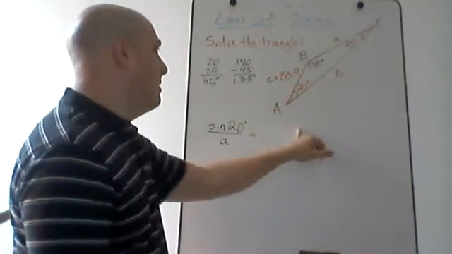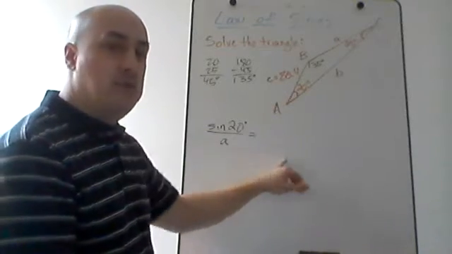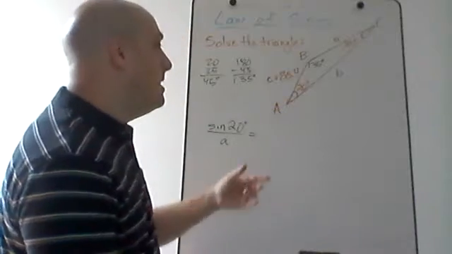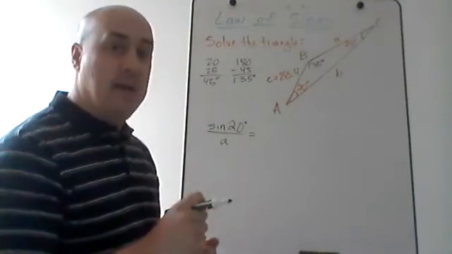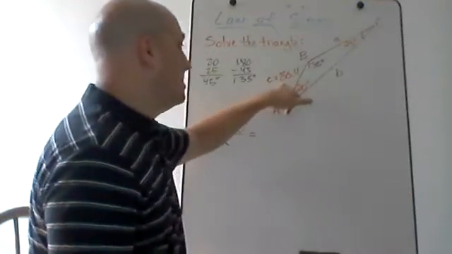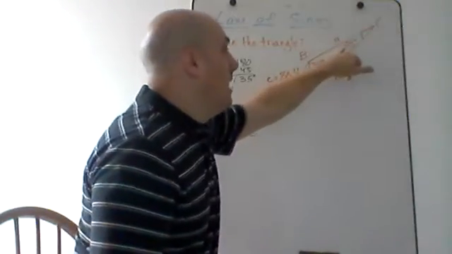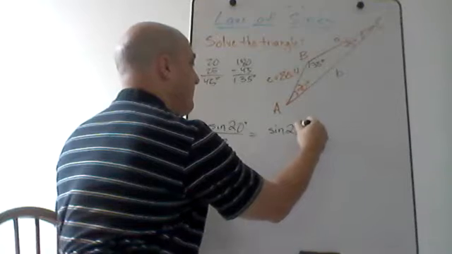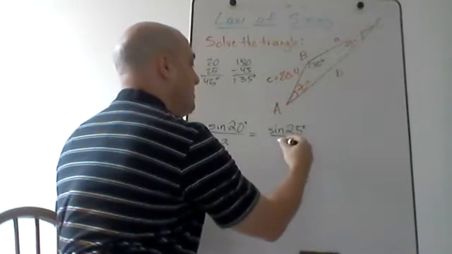I can't do sine of 135 over B, because then I have two unknowns in my equation, and I can't solve for two unknowns in a single equation. I need to use the side and angles that I know, and I know side C is 80.4, and I know that angle C is 25 degrees. So I'm going to do the sine of 25 degrees over side C, which is 80.4.